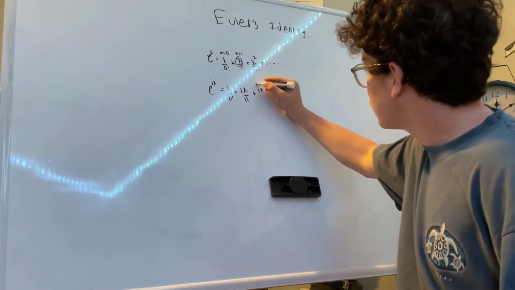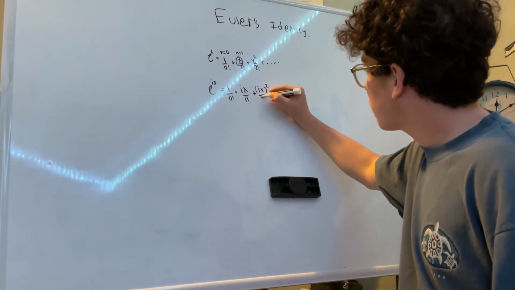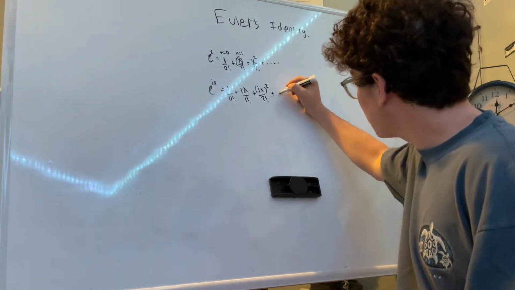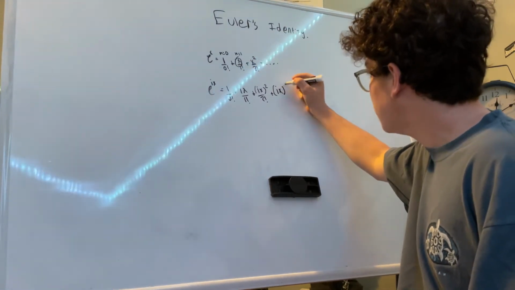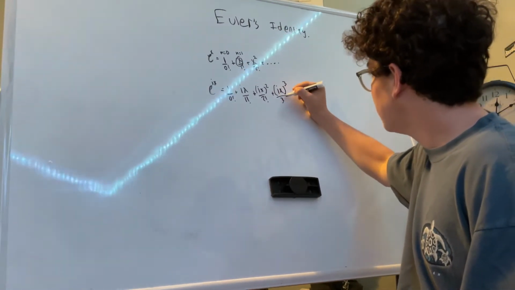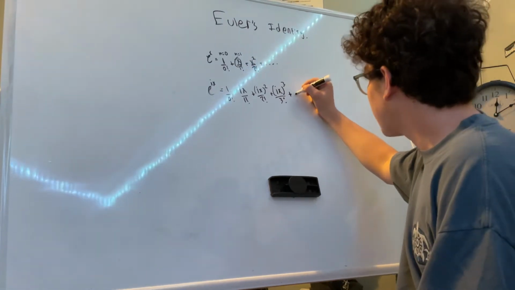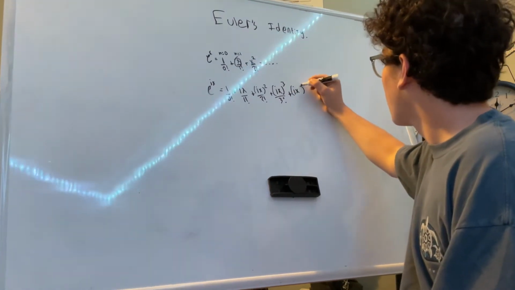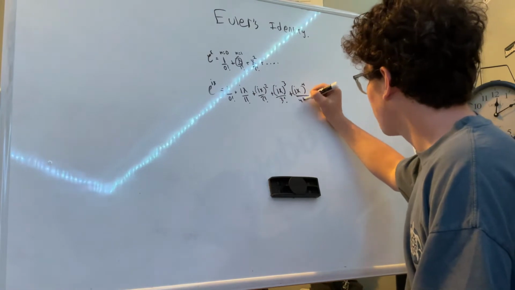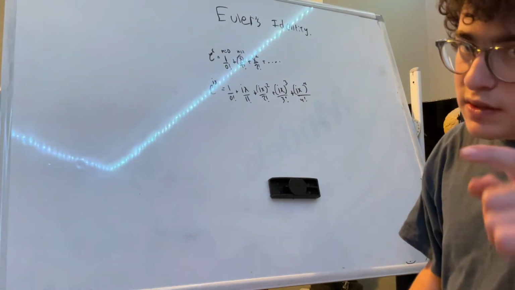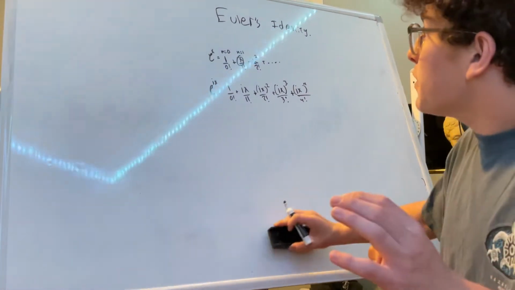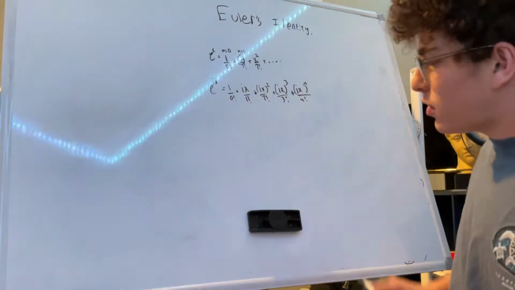ix squared over 2 factorial plus ix cubed over 3 factorial plus ix to the 4th over 4 factorial. Okay? Now, what's going to be really important here is that we know our i's.